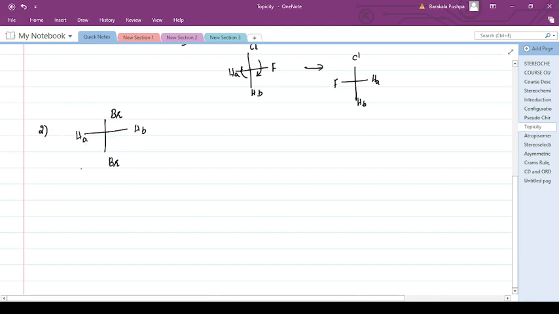Can you make out this is atopicity? The relationship of HA and HB with respect to this molecule is atopicity. The relationship between one bromine and the second bromine with respect to this entire molecule is atopicity, and they are also homotopic.